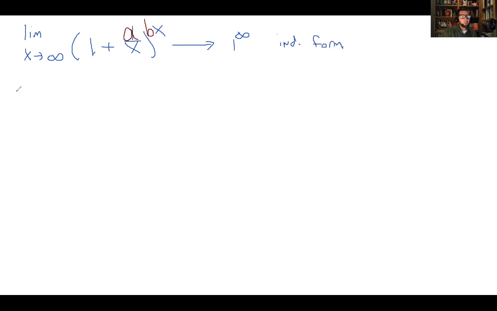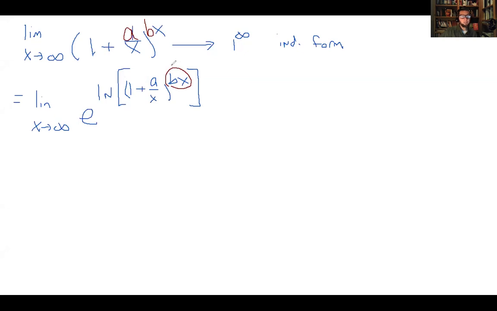So this thing would be equal to, we could do e to the ln of it. So you'd have the limit as x goes to infinity of e to the ln of 1 plus a over x, raised to the bx. And then what can happen to the bx?